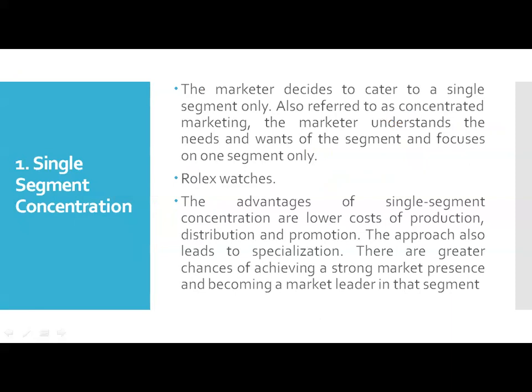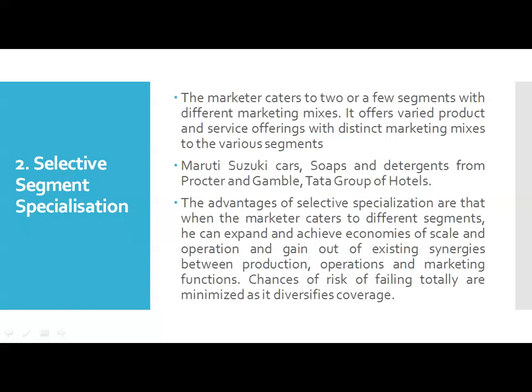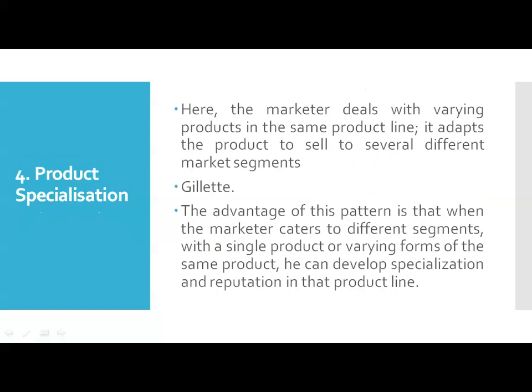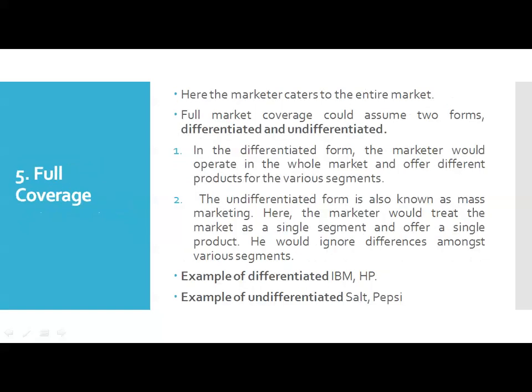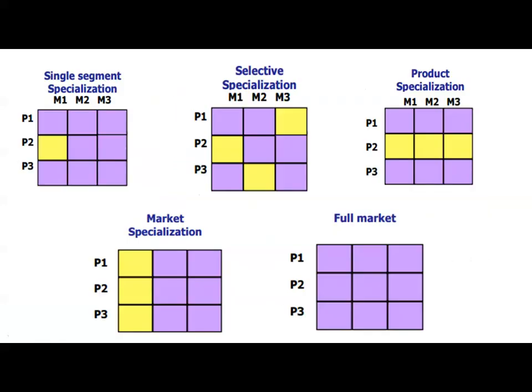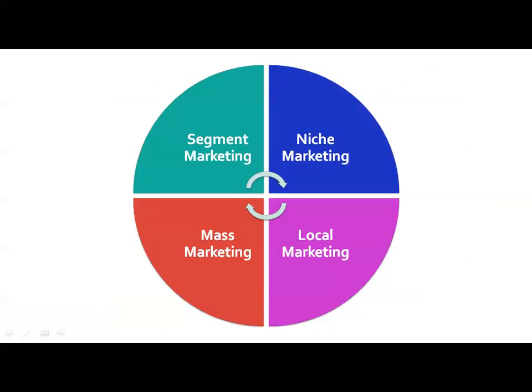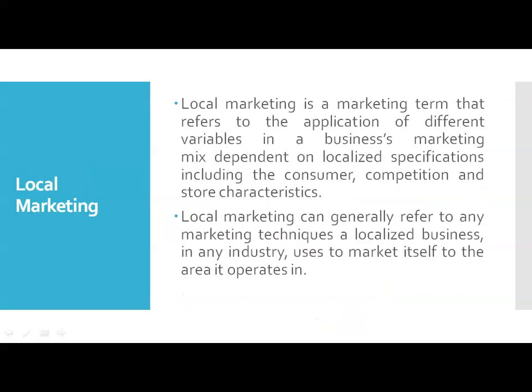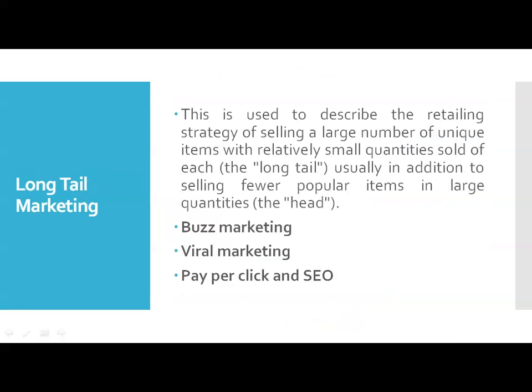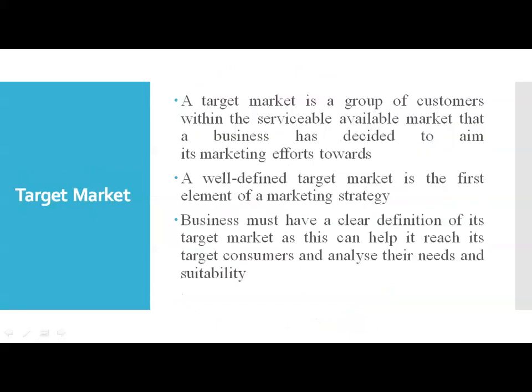Then, each and every pattern in detail: single market concentration, selective market specialization, market specialization, product specialization, and full coverage. These are the figures for the five patterns for target market. Then we will see the segment market, mass market, niche, and local market in detail. Also, we will learn long tail marketing.